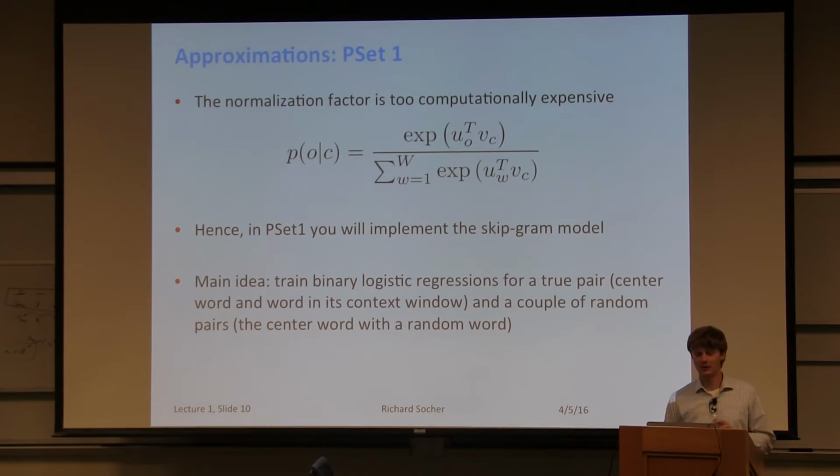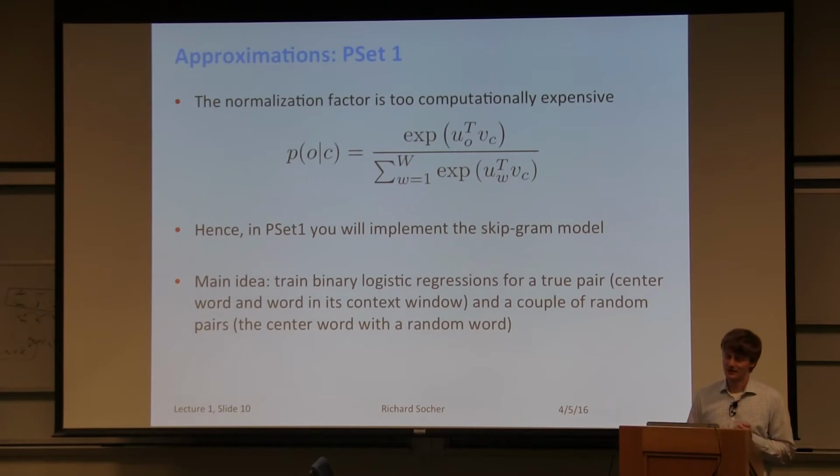All right, now in problem set 1, as I alluded to in the last lecture, you will realize that this normalization factor here is much too computationally expensive to actually compute for every word pair of inside and outside vectors. And so instead, we will actually implement the skipgram model, which is the most popular model in the word2vec family.